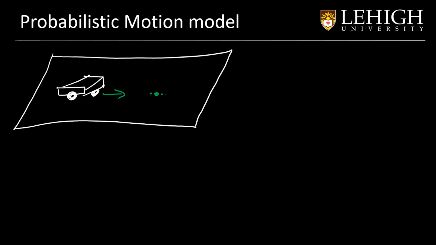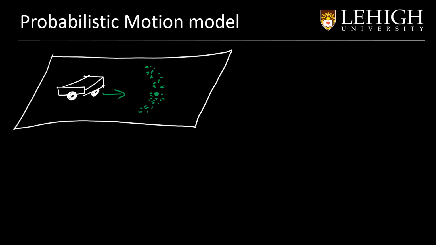But if one of the wheels is faster than the other, it will kind of fall here. If the error is very big, it will be like this, right? And same for the other side. This is called the banana shape error.